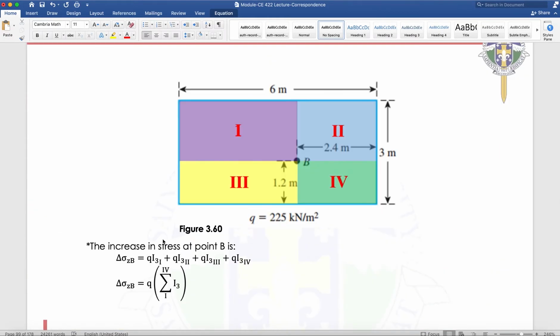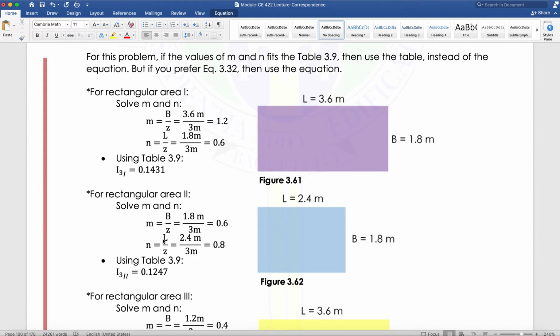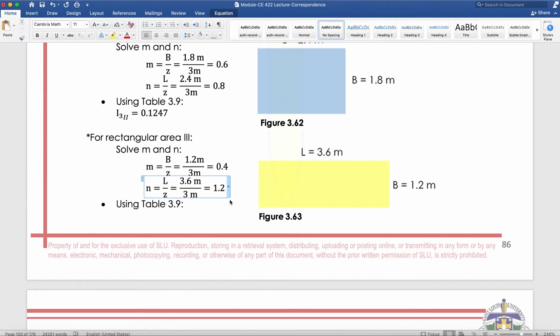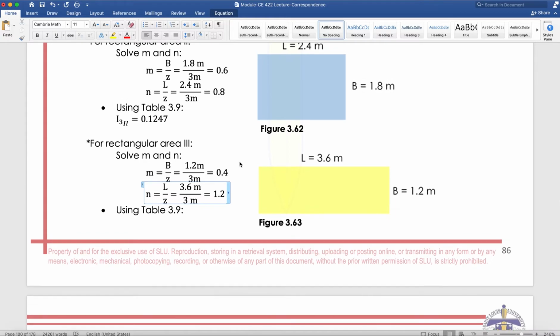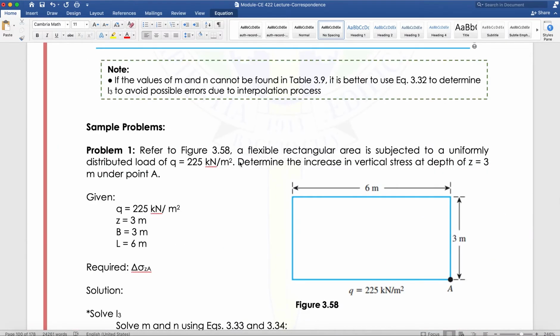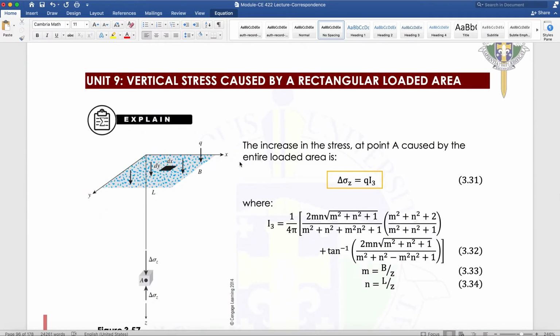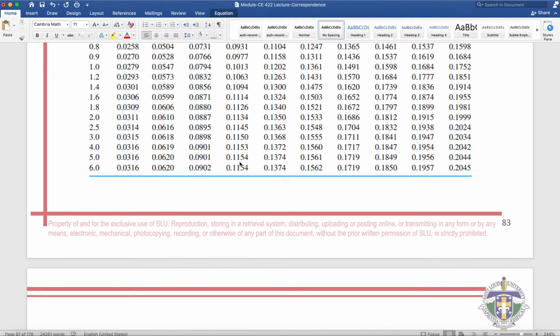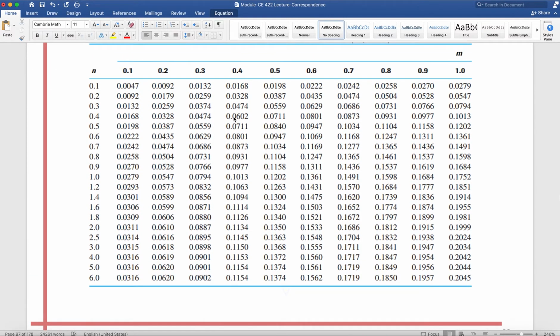Ay mali, 0.4 pala. Mali. It's 0.4, 1.2. Ayun, 0.4, 1.2.